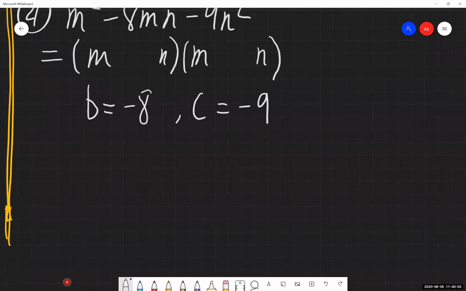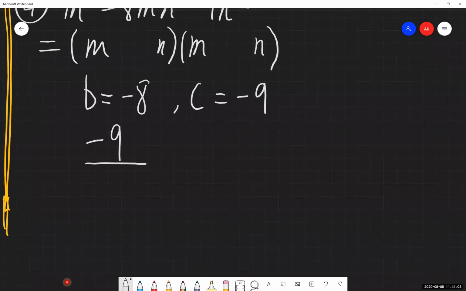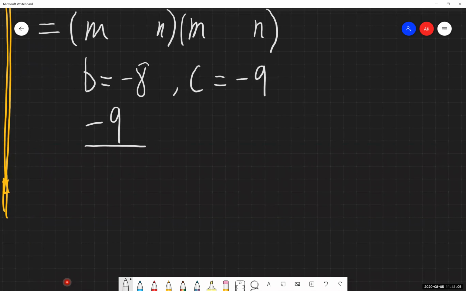So next, we need to list the factor pairs of -9. What numbers multiply together to give me -9? Do this on your own, and then I'll go through this. Go ahead and take about 10-15 seconds or so. List out the factor pairs, all of them, of -9.